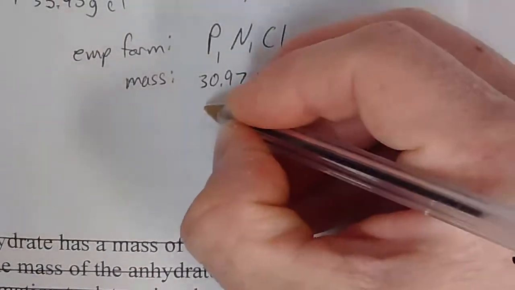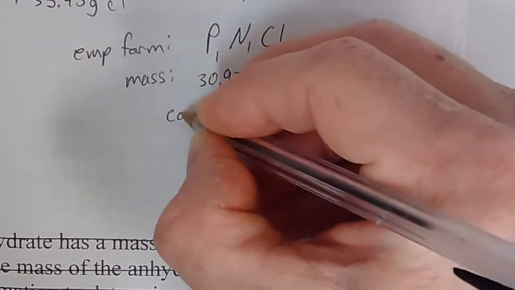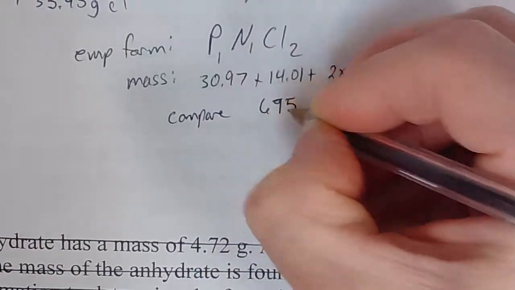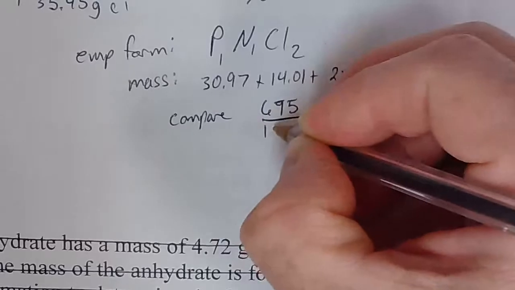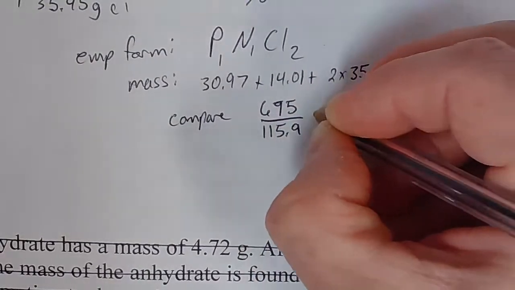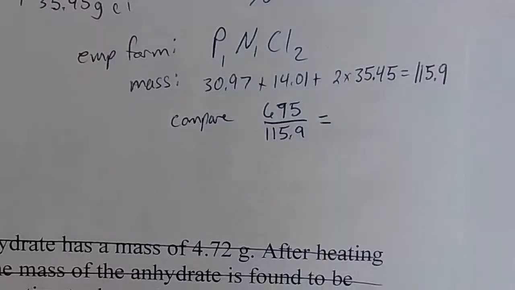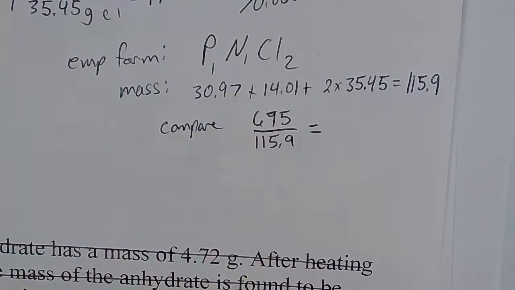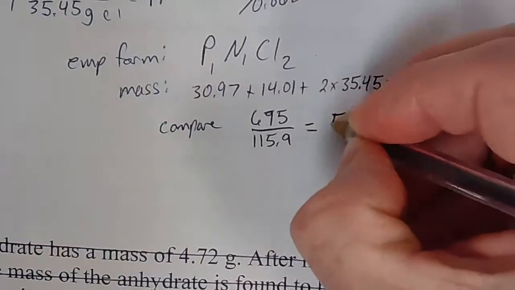Okay, so let's compare. So we're going to do 695 divided by 115.9. And I'm guessing 6. 5.99.